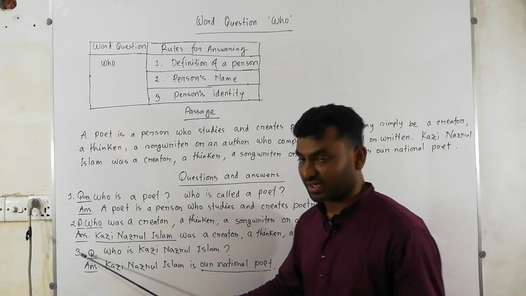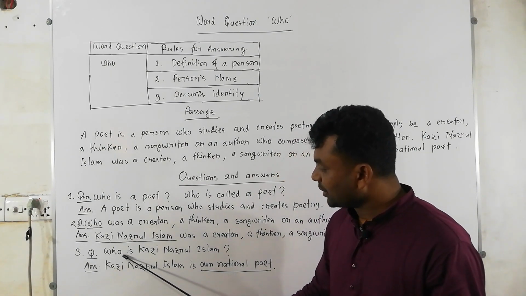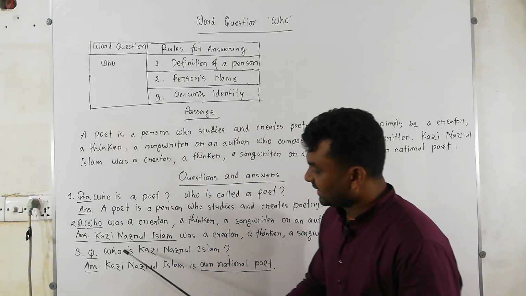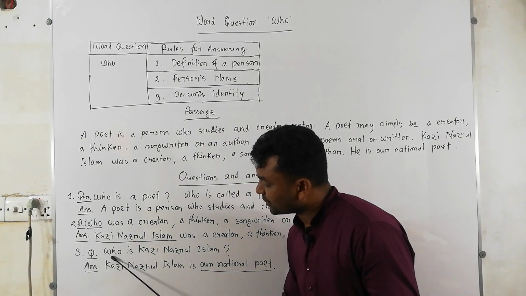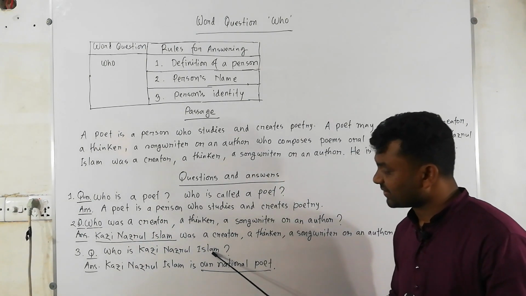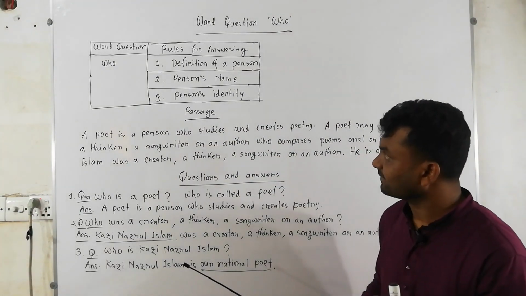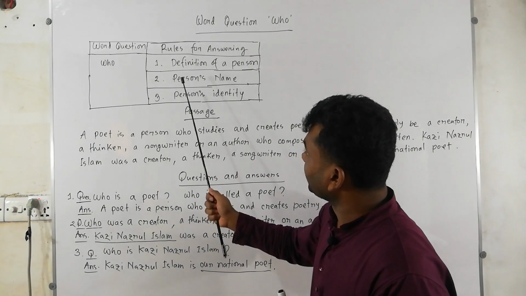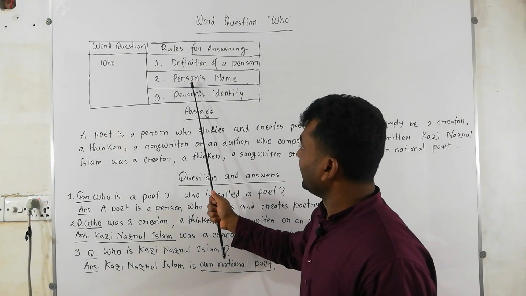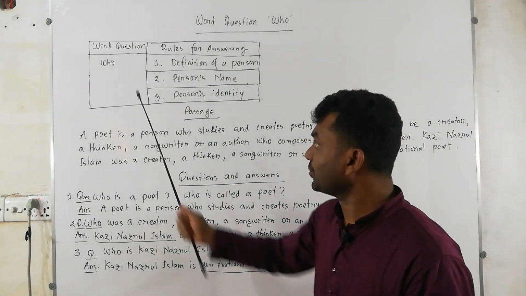Now this is the last question with who. In number 3, we have who is Qazi Nazrul Islam. Take a look. Here we go. This is the what question who, and in this question we have Qazi Nazrul Islam, a person's name. Actually, a person's name should be written in answering questions with who, as in number 2.